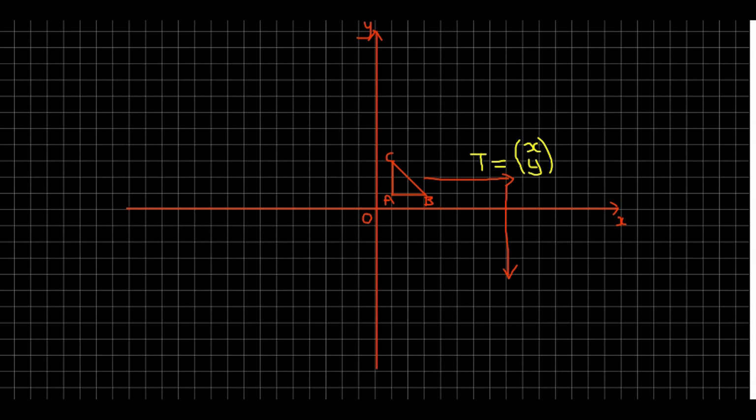So when we deal with a translation, let's say the movement that I have on this particular triangle, right? So I translate triangle ABC, and it gives me this new triangle A prime, B prime, C prime. Alright?